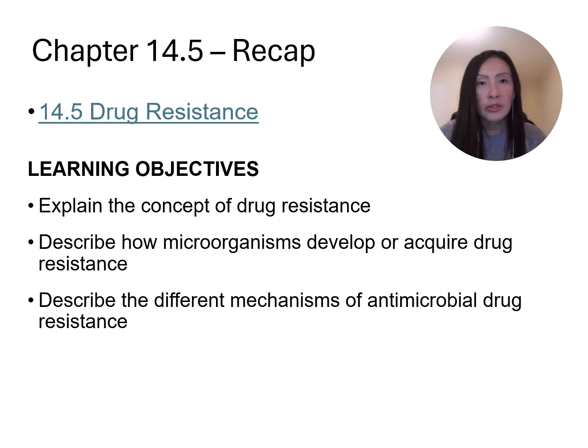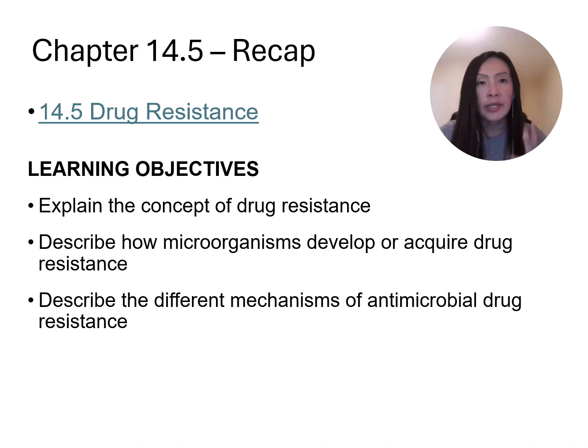For the second one, describe how microorganisms develop or acquire drug resistance. We talked about 2 main genetic pathways. Mutation, this is random chromosomal mutations that come up during replication that can give resistance. And these mutations are passed on to future generations through vertical gene transfer.